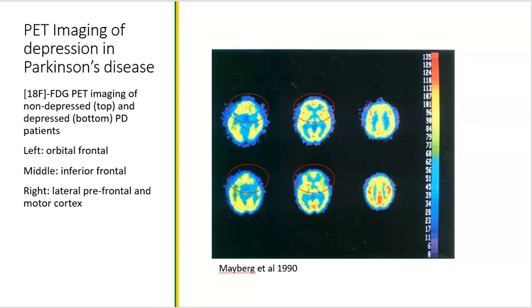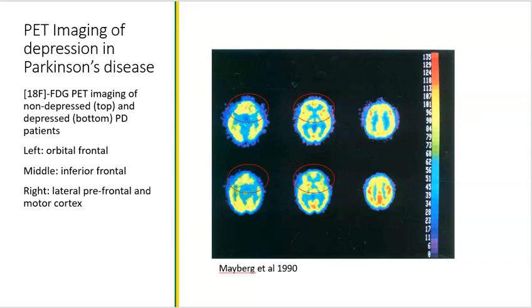So PET imaging of depression in Parkinson's. That's what this image shows. On the top, you have a non-depressed patient, and on the bottom, you have a depressed patient. Both of them do have Parkinson's disease.